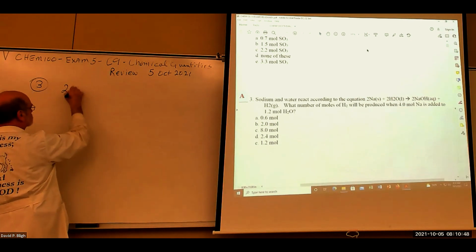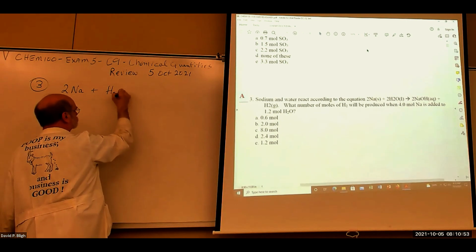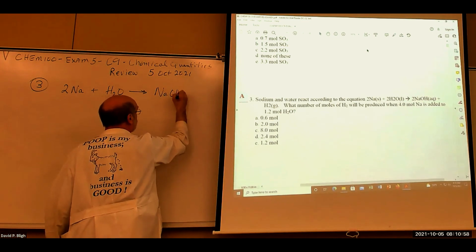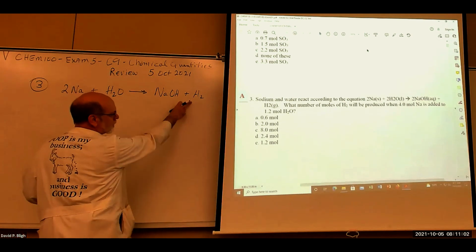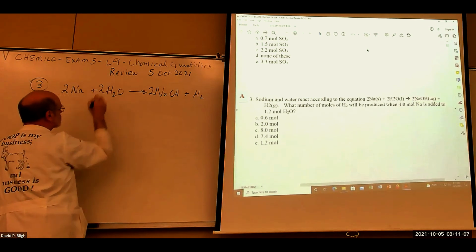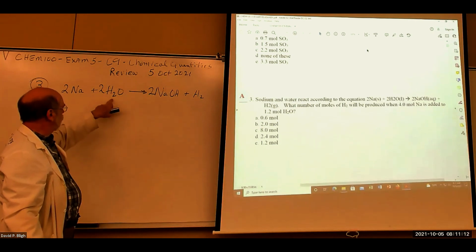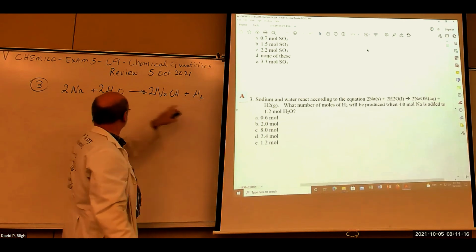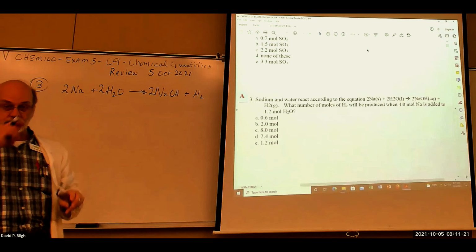Sodium and water yields sodium hydroxide plus hydrogen gas. Let's see. It says we need 2 of those, and it says we need 2 of these. So 2 sodiums, 2 sodiums. 4 hydrogens, 2 hydrogens here, 2 hydrogens there. We're good. 2 oxygens, 2 oxygens. Okay, so it is balanced.